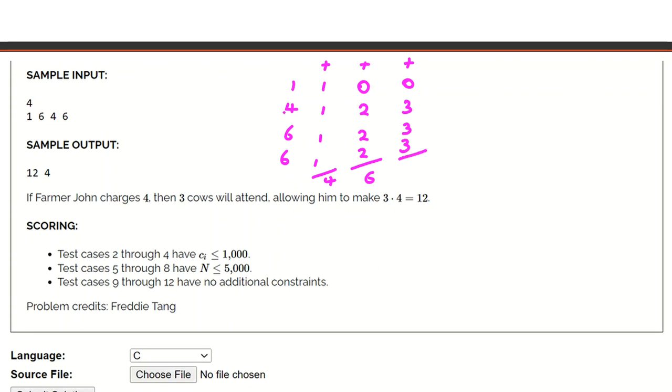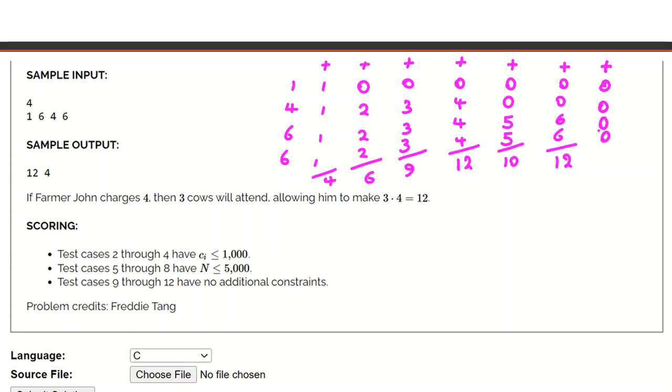But the second one will attend because he can pay at most 4, and here it is 3. So it will be 9. And next one, if it is 4, it will be 0, 4, 4, 4, 12. If it is 5, it will be 0, 0, and the next 2 cows will participate. Now third cow 5, fourth cow 5, 10. If it is 6, 0, 0, 6, 6, which will be 12. And if it is 7, it will be 0, 0, 0, 0.